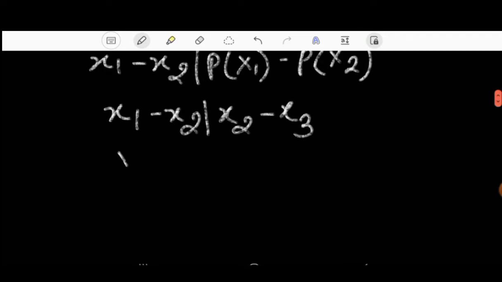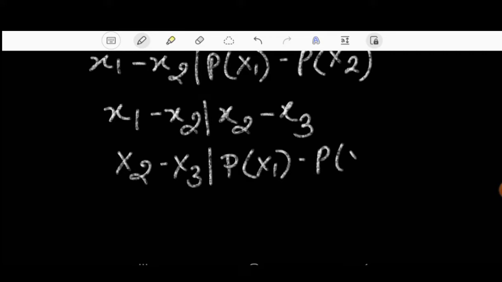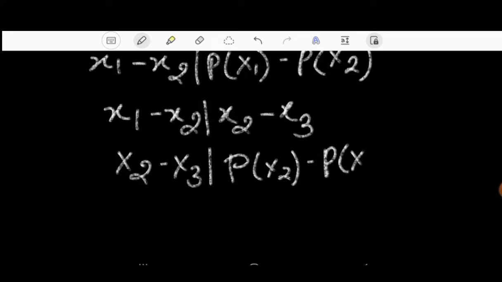Similarly, we can say x2 minus x3 divides P of x2 minus P of x3. I made a mistake there.